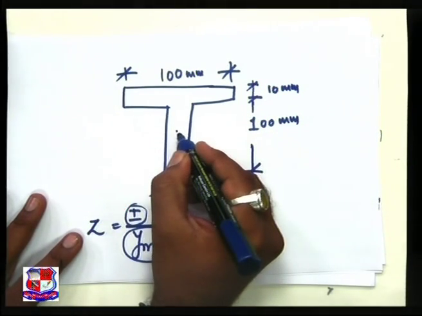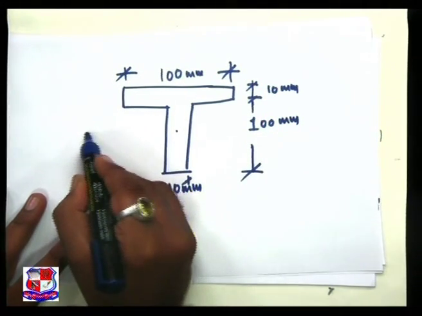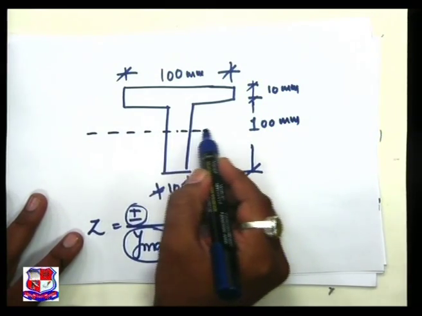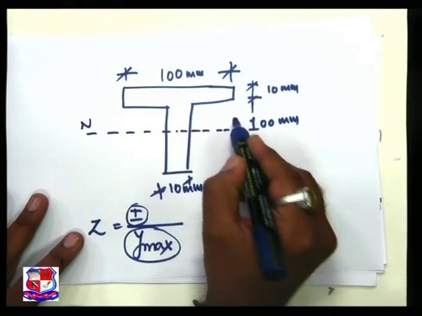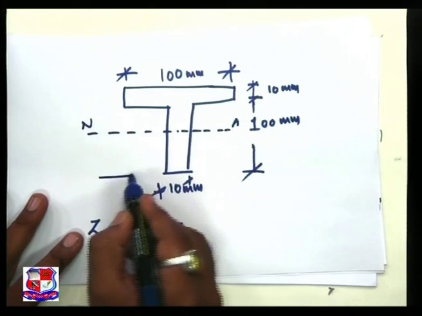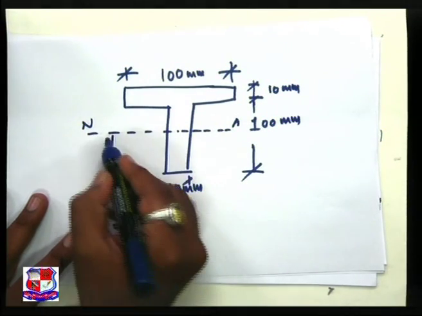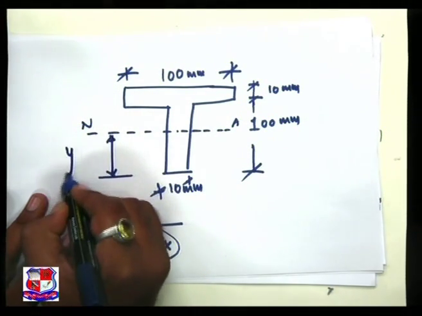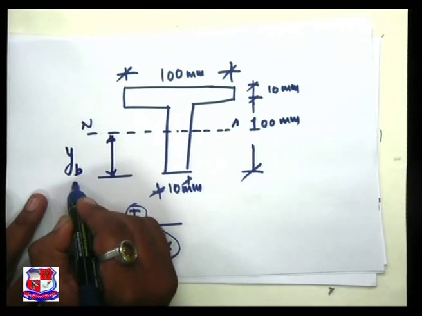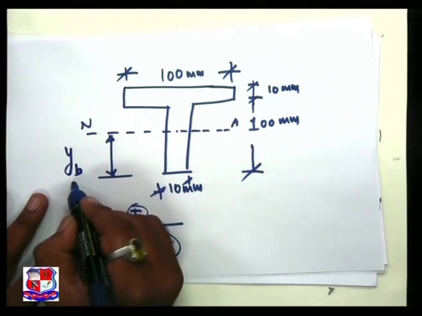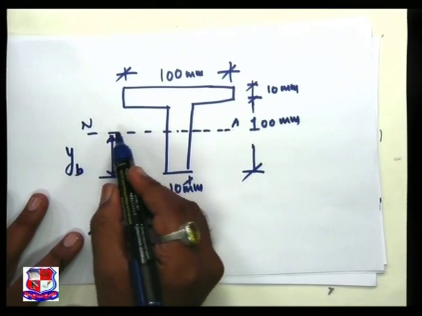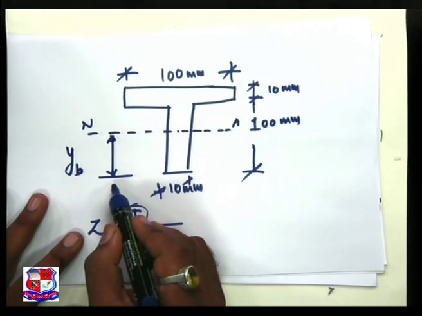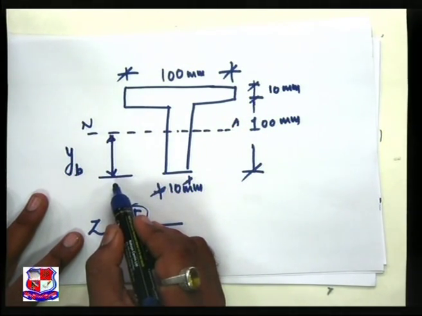Let this be the CG or centroid and let this be your neutral axis. Then this value is yb, b means bottom, the distance of Y from the neutral axis to the bottom fibers. How to find out yb?